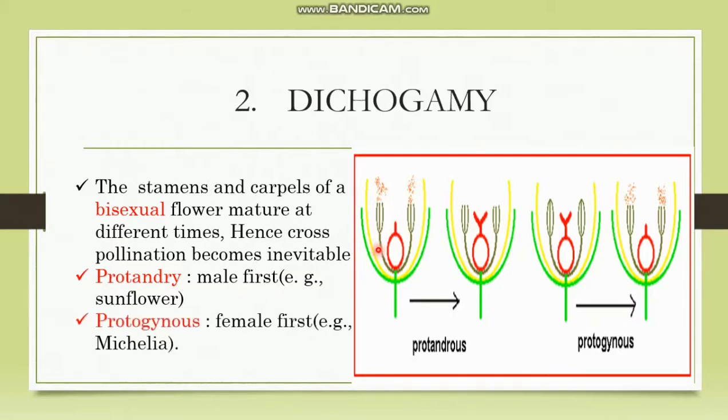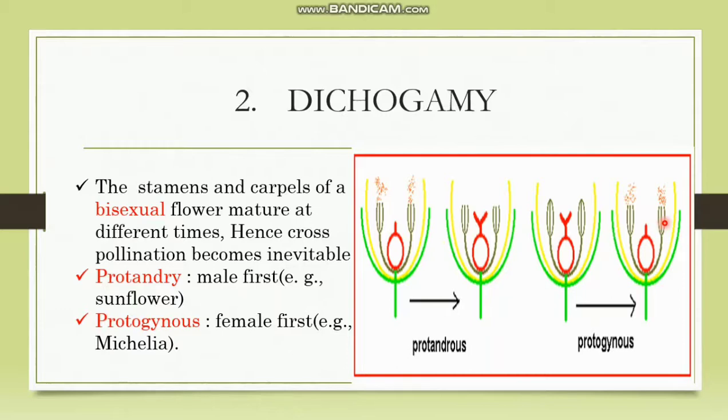Second is protogyny. In protogyny, when the flowers are young, the stigma becomes receptive, but at that moment the anthers are not dehisced and their pollens are immature. As the flower grows older, the stigma loses its receptivity and the pollen grains are released from the anther.